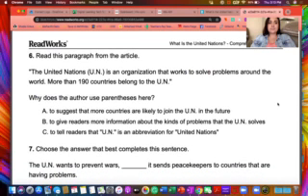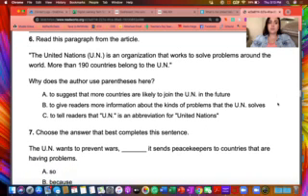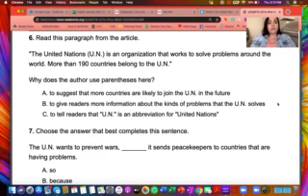Number 6, read this paragraph from the article. The United Nations, UN, is an organization that works to solve problems around the world. More than 190 countries belong to the UN. Why does the author use parentheses here? Parentheses are the piece of punctuation that look like this, you guys.